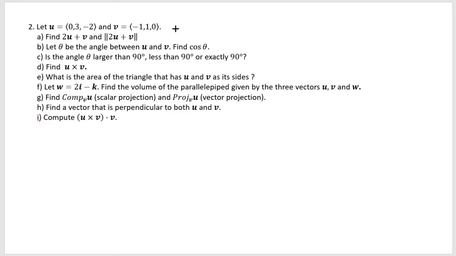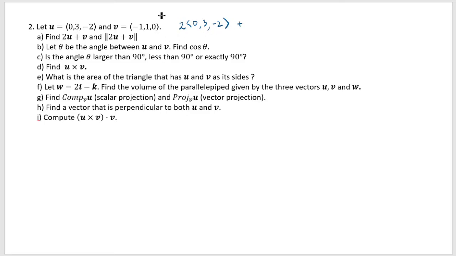Okay, this time it seems to be asking the same type of question, but this time the vectors are given in coordinate form. So the coordinates are actually more straightforward. You don't have to think about the definitions, you just compute. That's all you need.